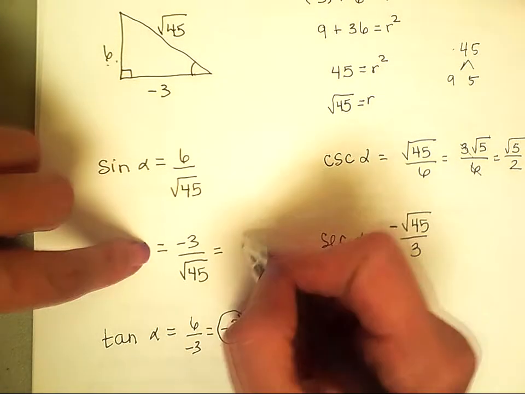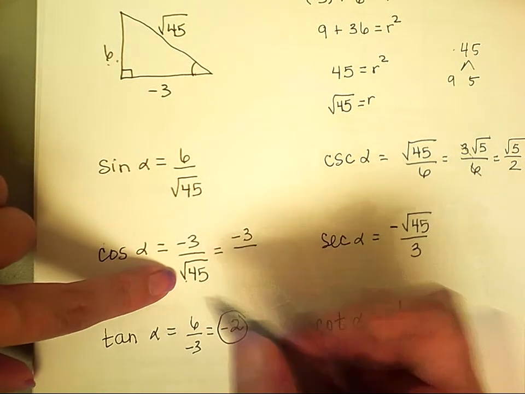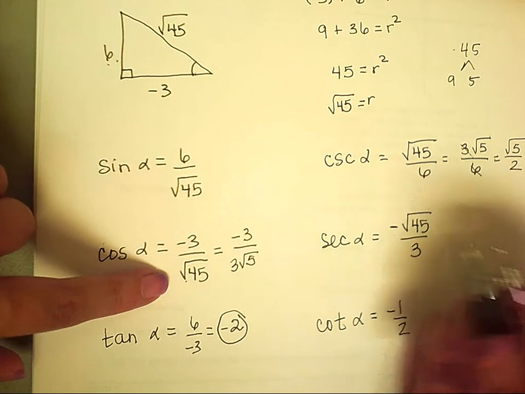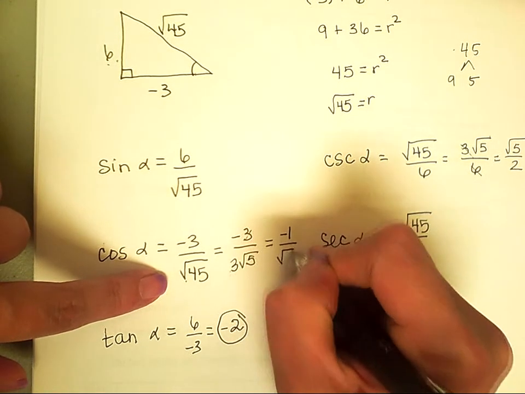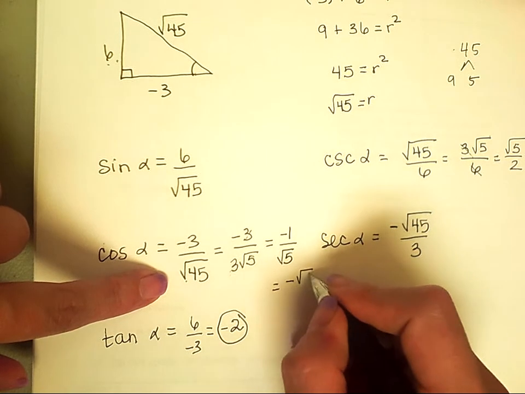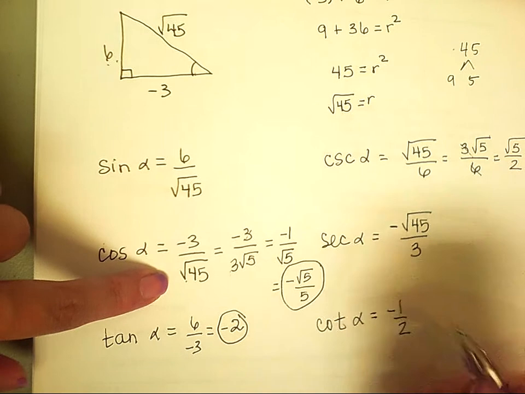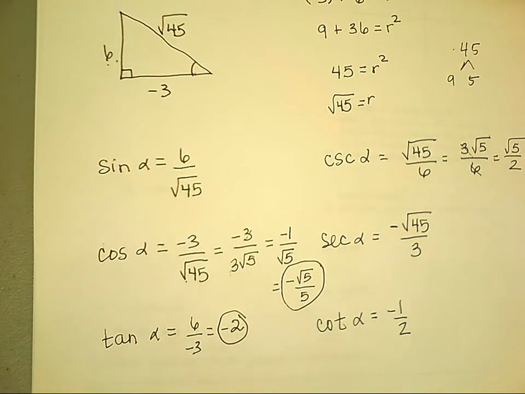Let's see how it works over here. -3 over, and remember the square root of 45 is 3 square roots of 5. So now these will cancel, leaving -1 over the square root of 5. Which, if we rationalize that, becomes negative square root of 5 over 5. So just be aware of how your answer book is asking you to do these things.